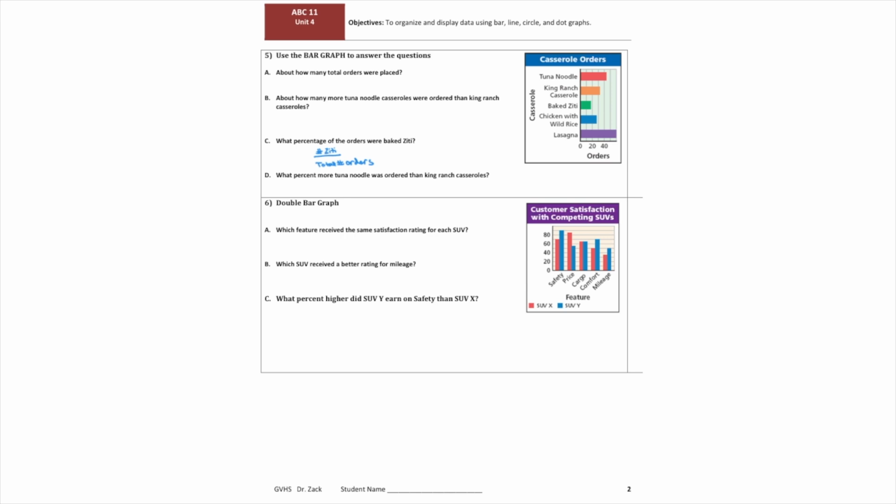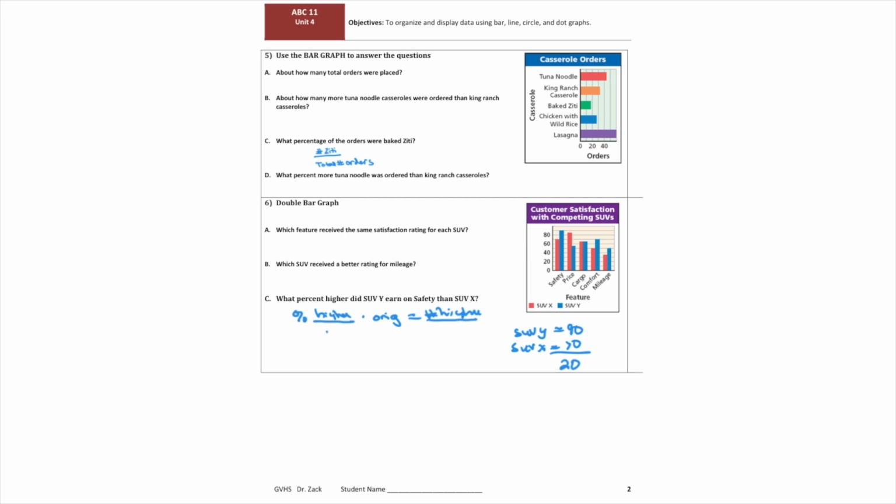For question C, what percent higher did SUV-Y earn on safety than SUV-X? So this is where we're going to use our little table. We have percent. Let's put the word higher in that little line, and then we're going to times the original, and that's supposed to equal the number of cars that were higher in safety. Well, SUV-Y had 90, SUV-X had 70, and when you subtract, you get a 20.